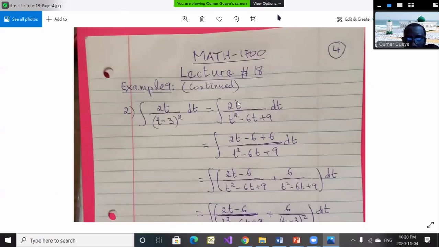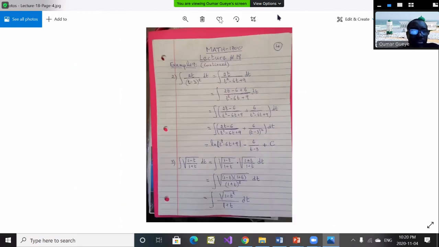Now I don't have 2t minus 6, I only have 2t. And I'm trying to get what we used previously. I'm trying to get the integral of f dash over f, because I know this integral is equal to ln of f.